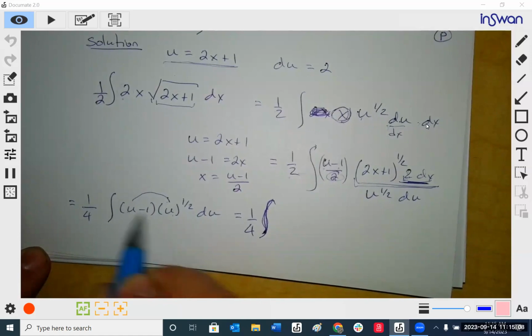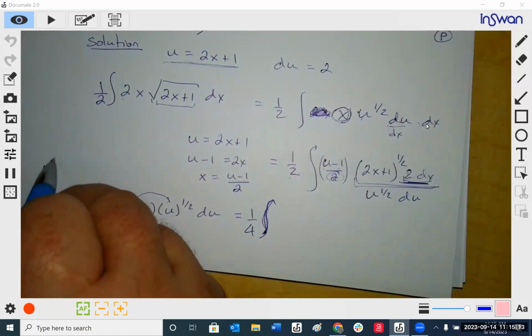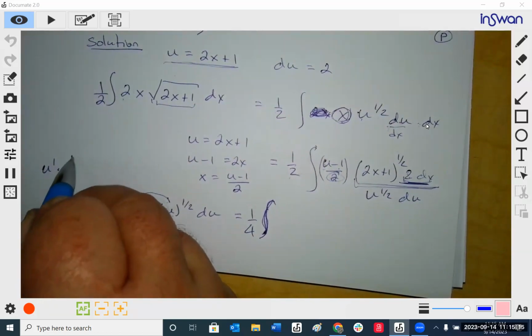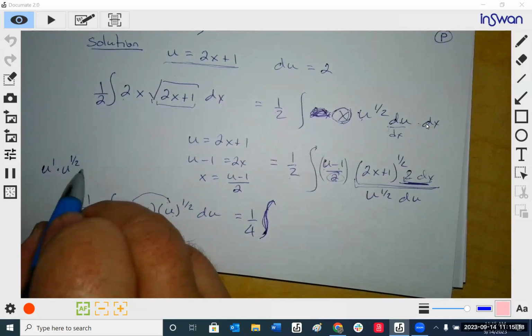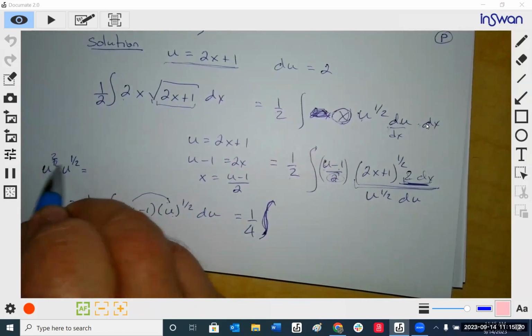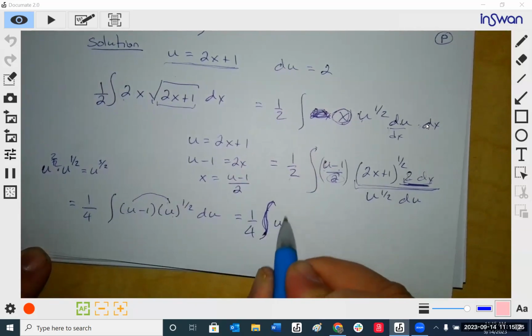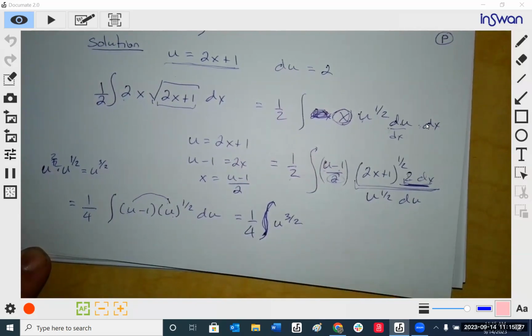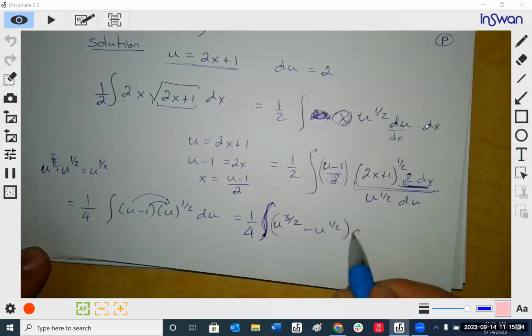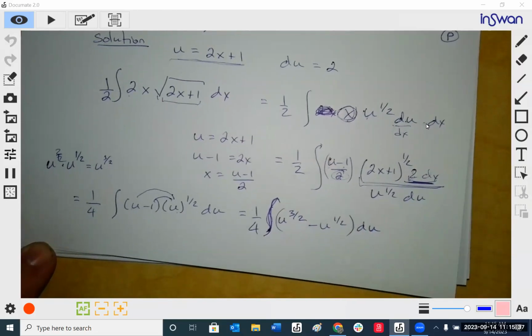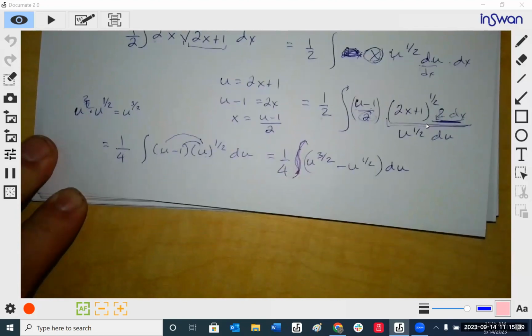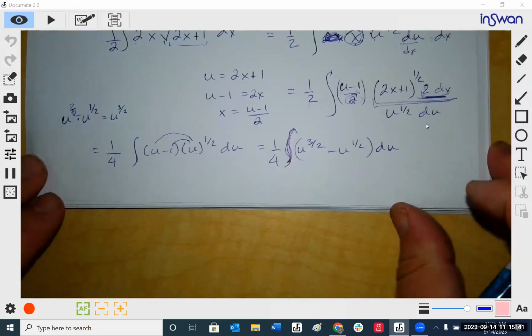When you multiply two bases that are the same, different exponents, what do you do with the exponents? We have u to the power 1 times u to the power 1/2. Add the exponents. So this is 2 over 2, so it equals u to the 3/2, and then minus u to the power 1/2 du. Follow me so far?